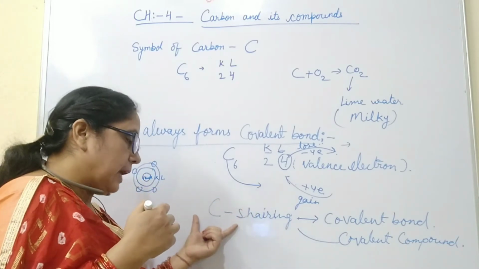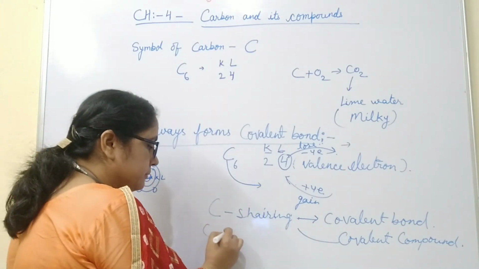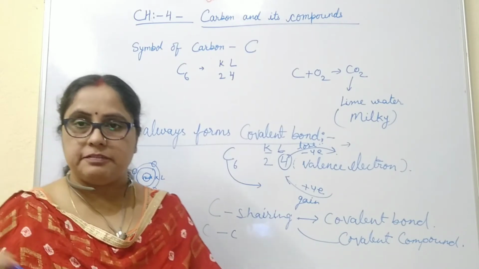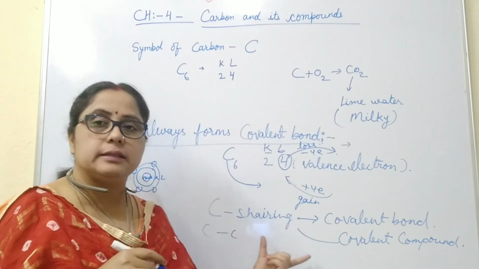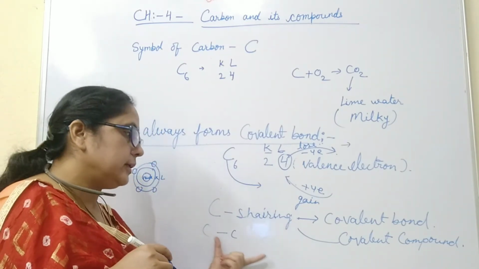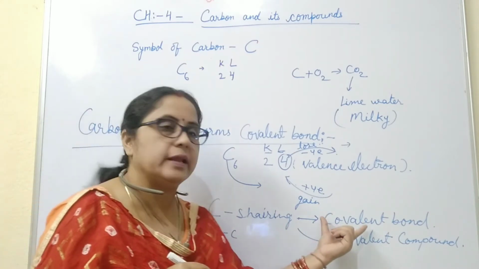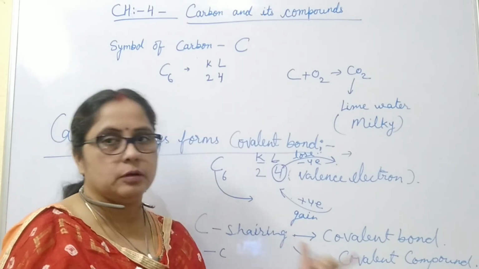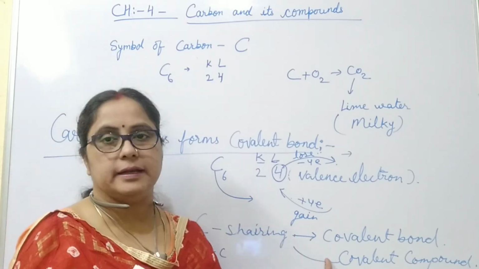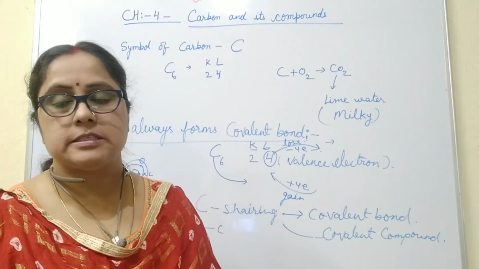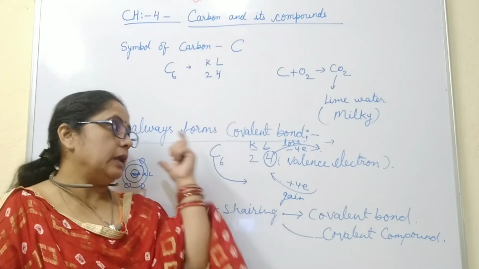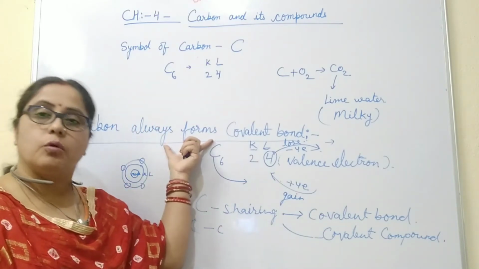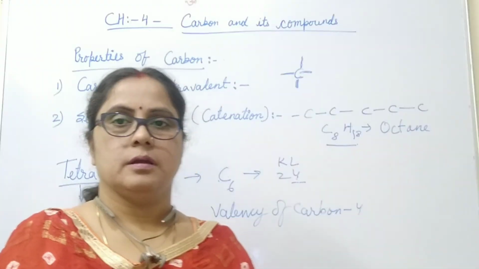So when carbon combines with atoms of the same or a different element, they share their electrons, and when they share electrons, they form a covalent bond, and the compound which is formed in this way is called a covalent compound. Thus we can say that carbon always forms covalent bonds.